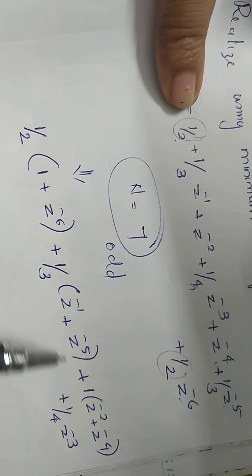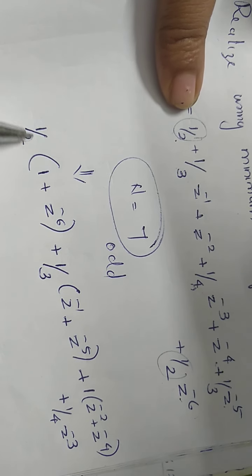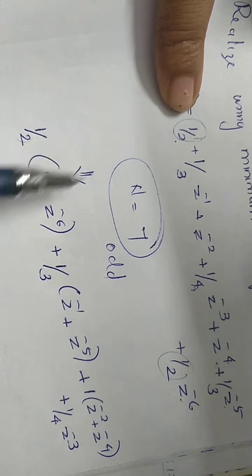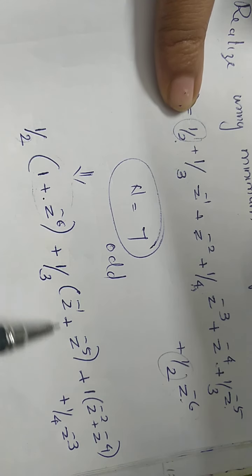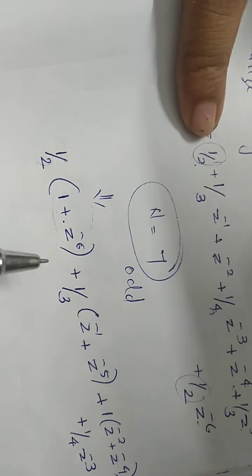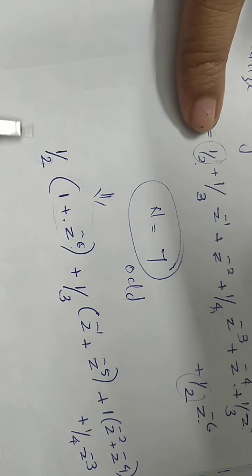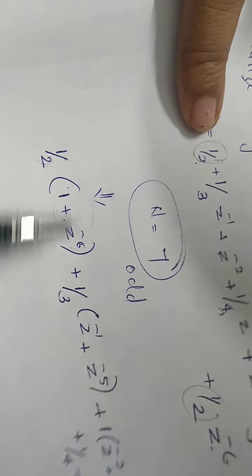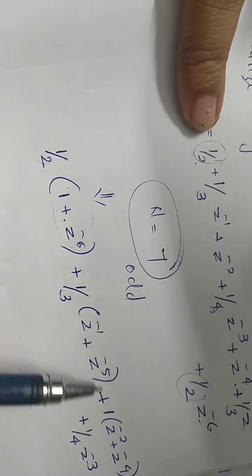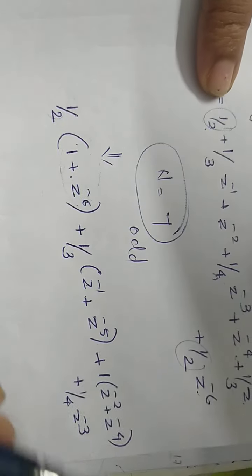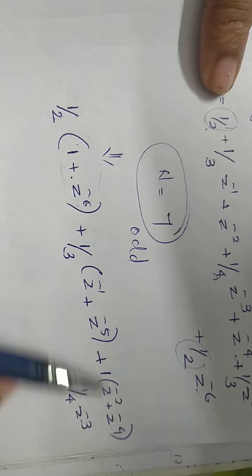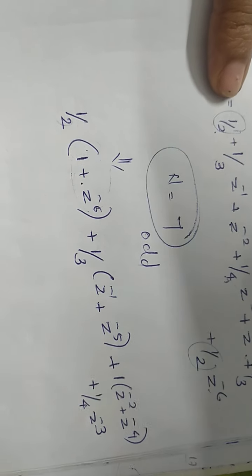So the common coefficients I have taken as common, and inside the z terms are included. Here z raised to minus 6 is symmetric with z raised to 0. Then z raised to minus 1 and z raised to minus 5 are symmetric. z raised to minus 2 and minus 4 are symmetric, and another term.